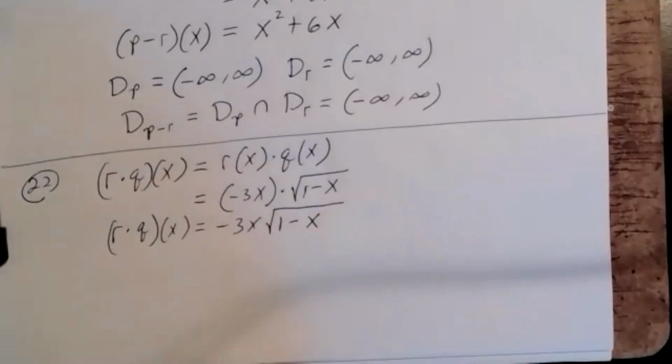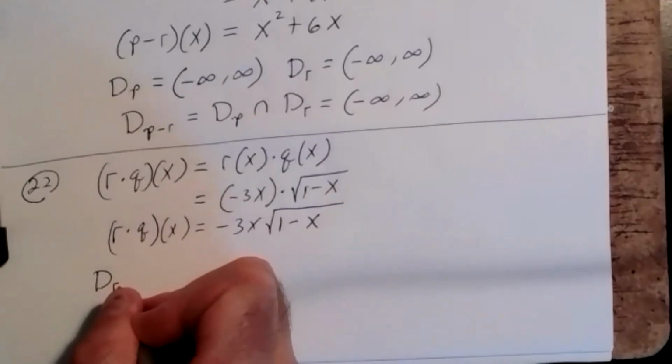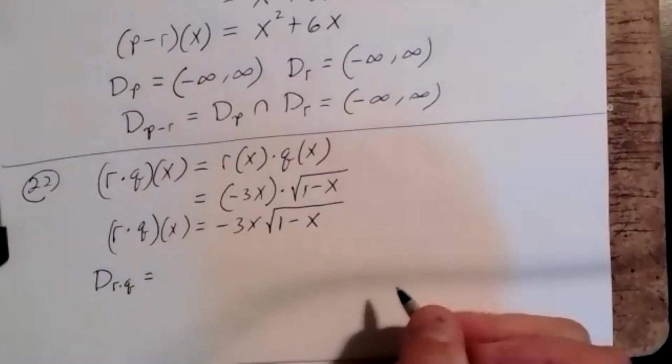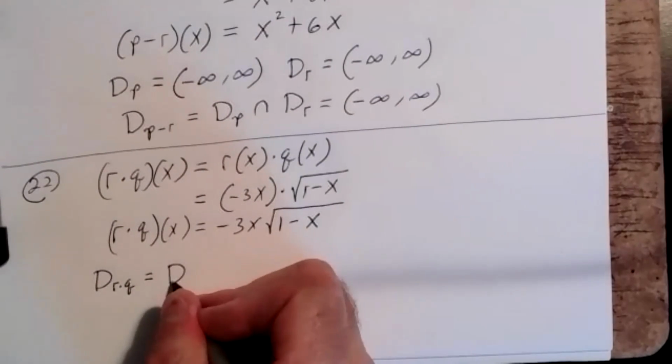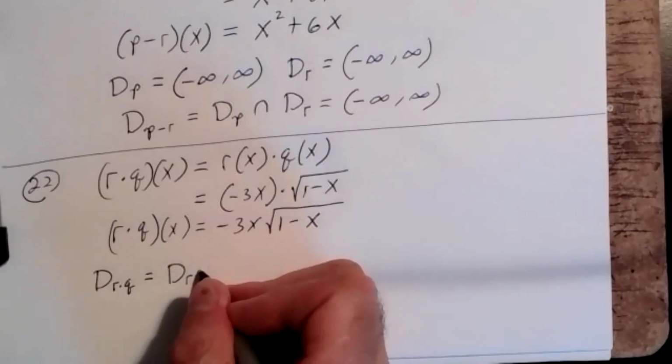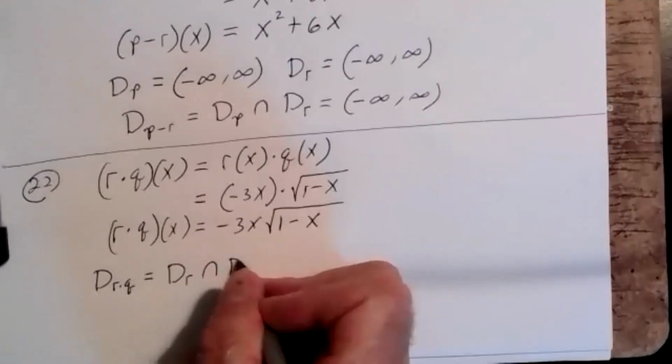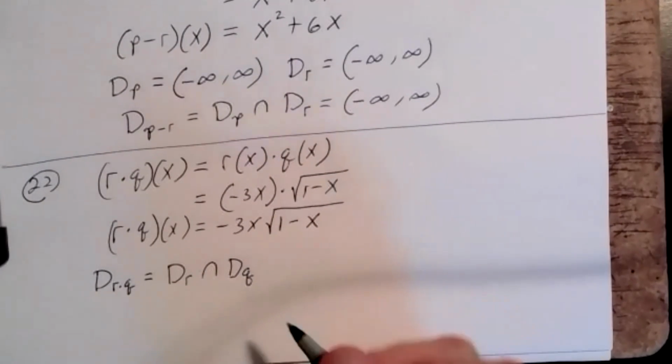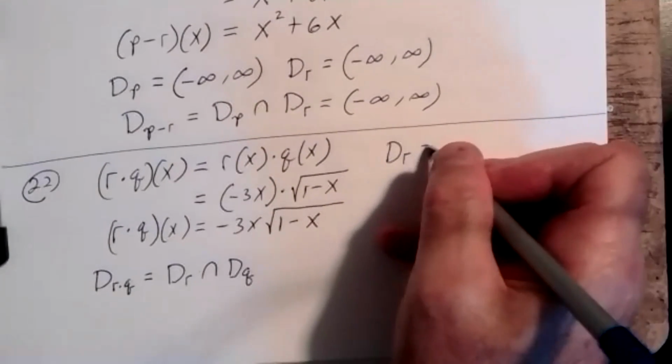And now, ladies and gentlemen, what would be the domain of our product function R times Q? Well, the domain is going to be the intersection of the domain of function R and the domain of function Q. So what's the domain of function R?